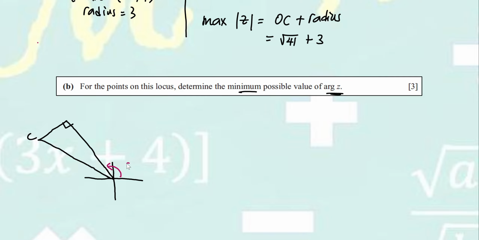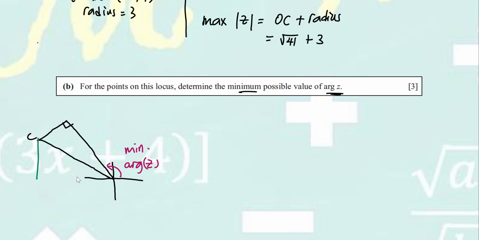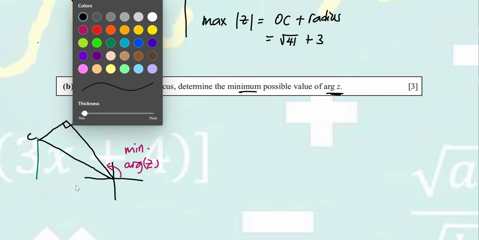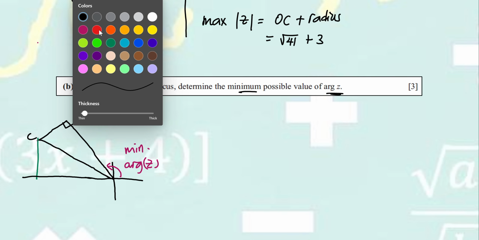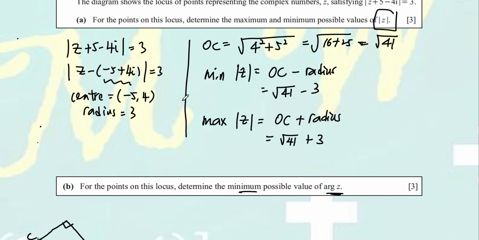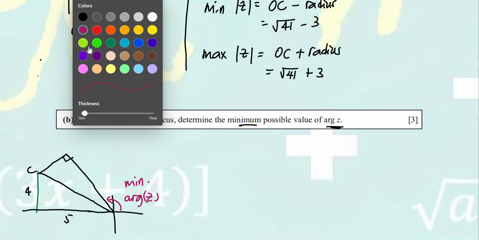This is the argument z, the minimum. Then another one is at C. From the C, I can draw a triangle. Because we know that the coordinates of C are -5, 4. That means here is 5, this is 4. So now here I can find out what is this angle.